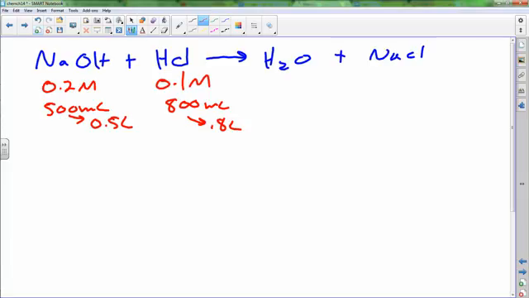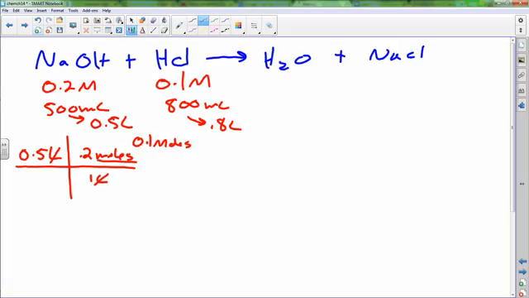If we take 0.5 liters of the NaOH, and we put it in as 0.2 moles per liter, the liters will cancel out. If we multiply, that'll tell us how many moles of this we have. So all you really do is take the molarity, 0.2, times the volume, 0.5. We get that there's 0.1 moles of the NaOH.